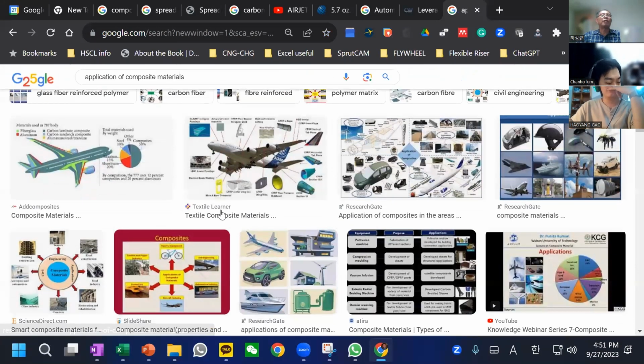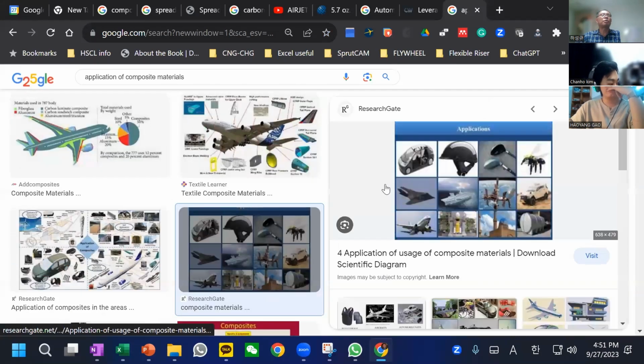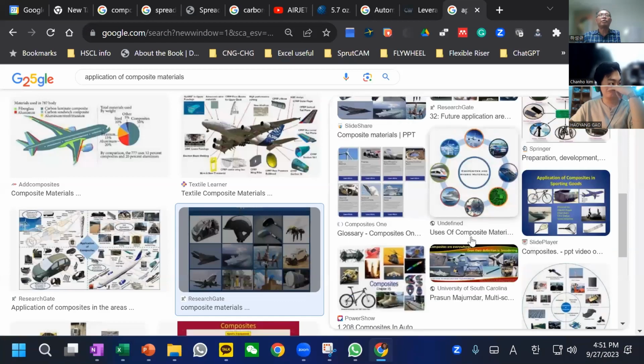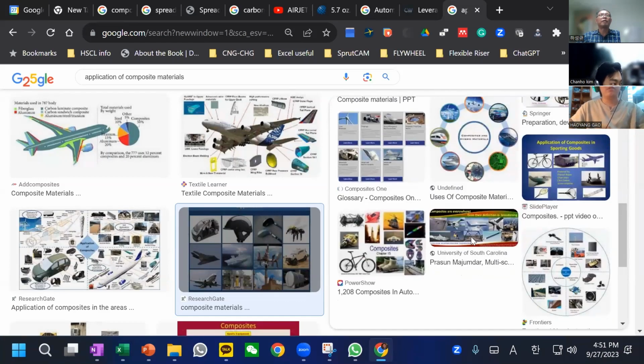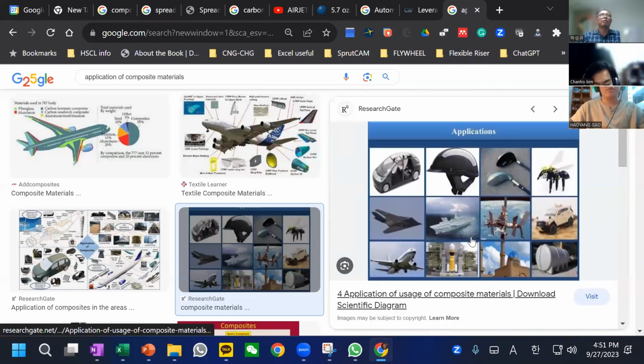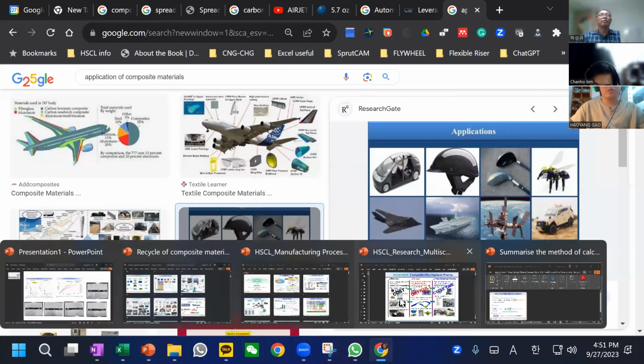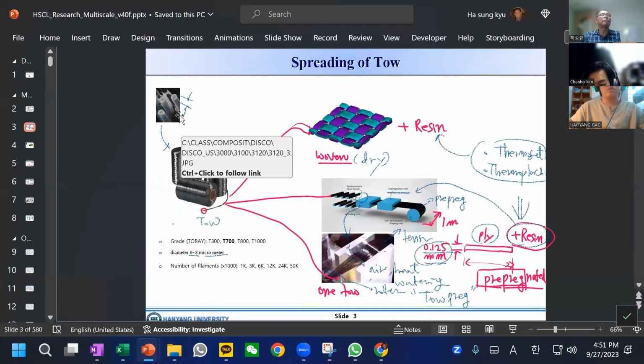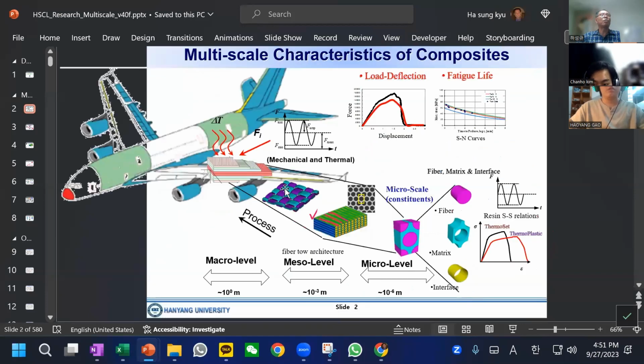You know, the airplane, automotive, and sports goods, you name it, everywhere. Everywhere we have so much applications. Why are composites so special? Well, now you can visualize that, you know, your composite is made of so many small diameter fibers and make the whole structures so strong and so durable. The life will be so long compared to metals.